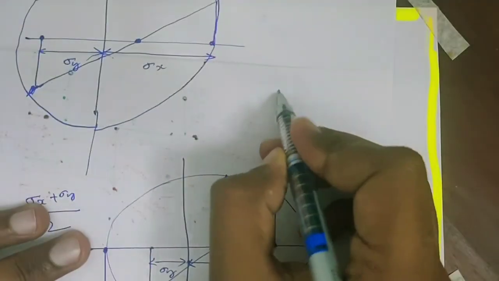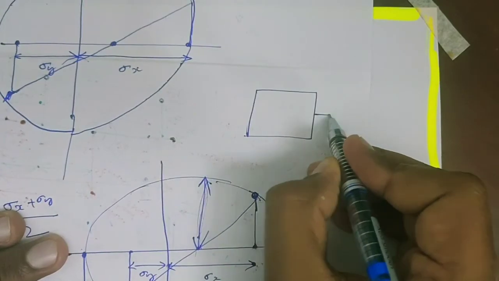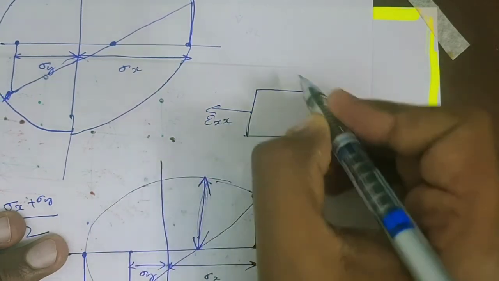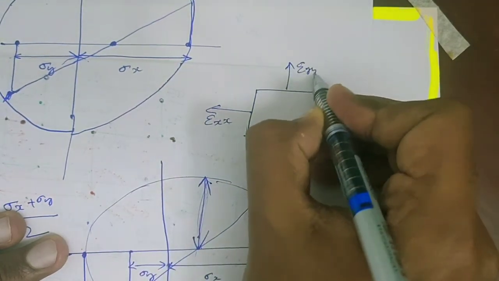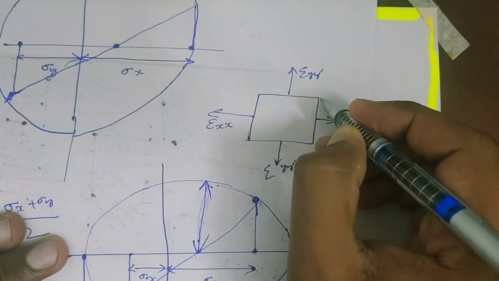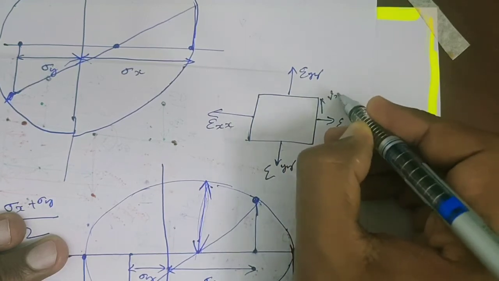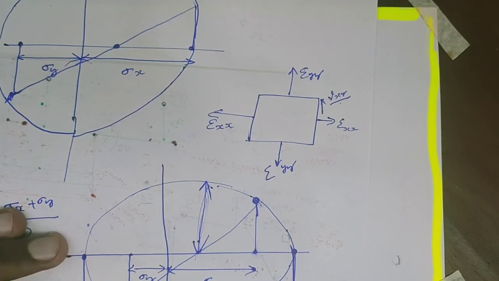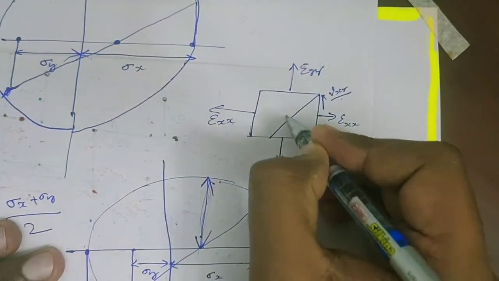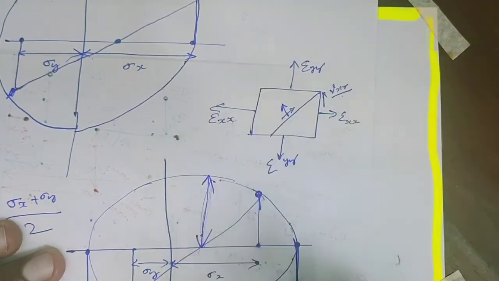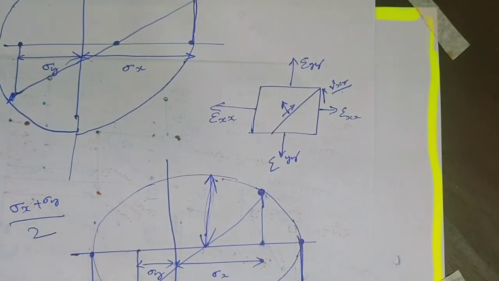Instead of stress, for example, in this body the strain in this direction is epsilon xx, strain in this direction is epsilon yy, and shear strain in these directions is gamma xy by 2. Then what is the shear strain in this direction? What is the normal strain in this direction? So every time change it from stress to strain.